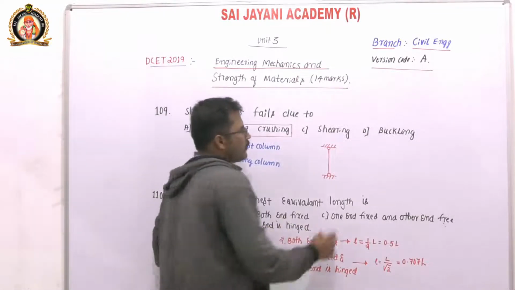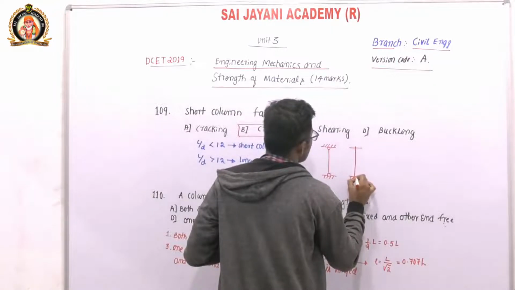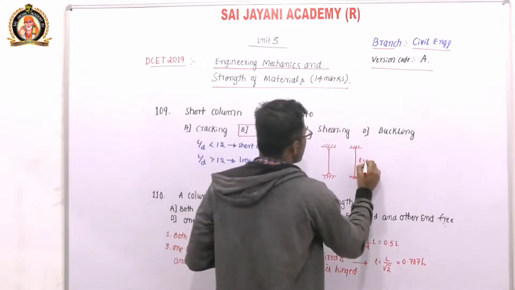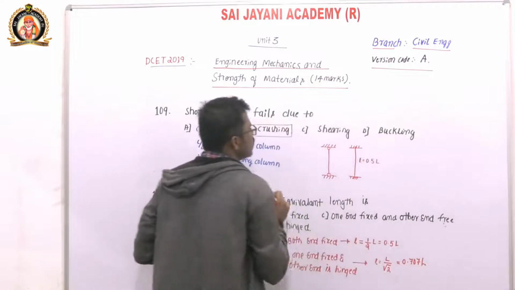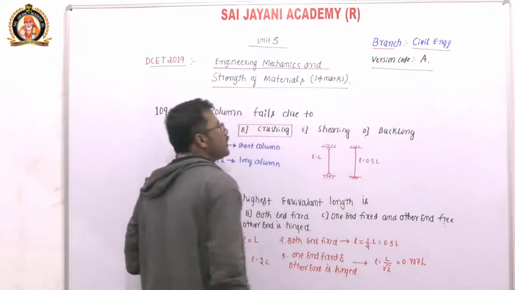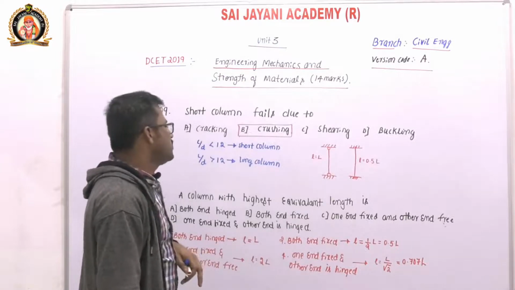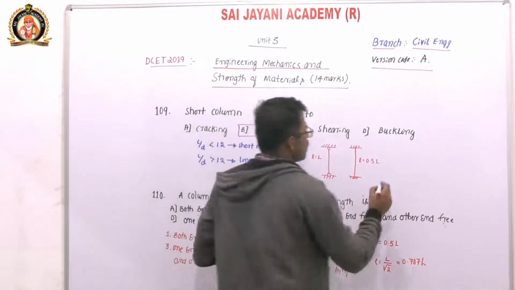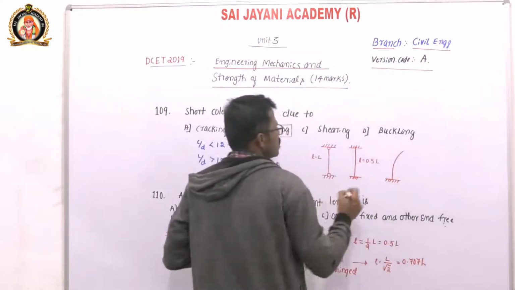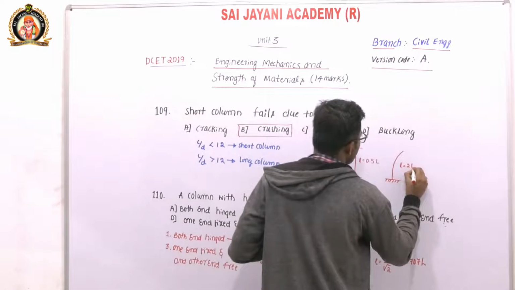When both ends are fixed, effective length L is equal to 0.5 times its length. So next option C, one end fixed and other end free. Then effective length L is equal to 2 times its length.